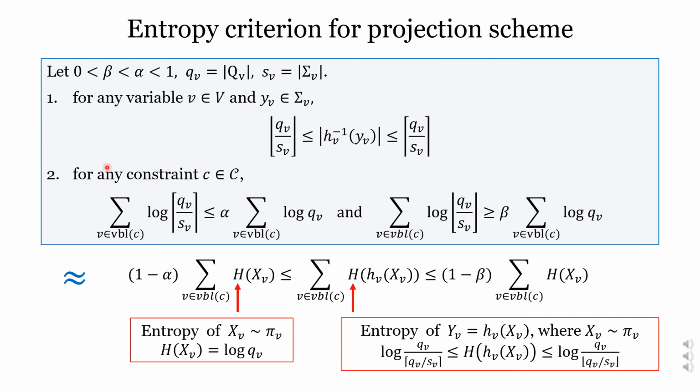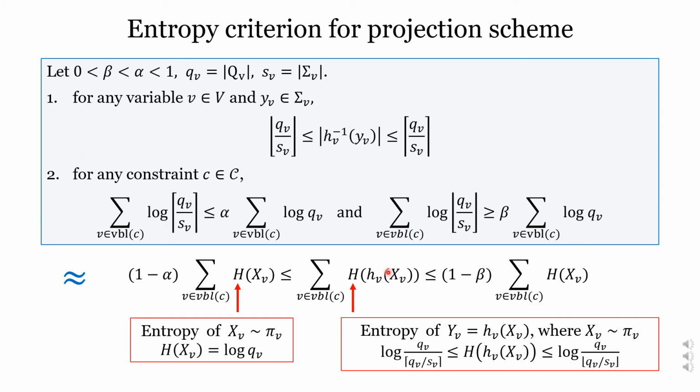In the second item, the first inequality is to make sure that the projected space is much smaller than the original space, such that the projection substantially compresses the original space to a well-connected projected space. The second inequality is to make sure that the projected space is large enough such that the original space is not compressed too much.